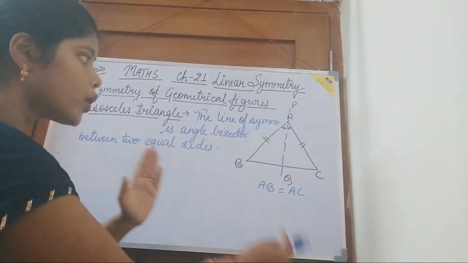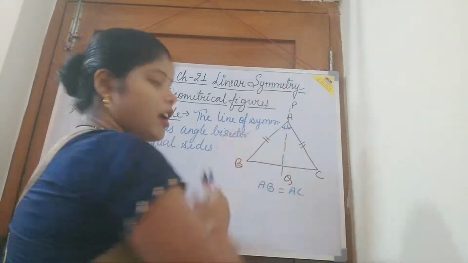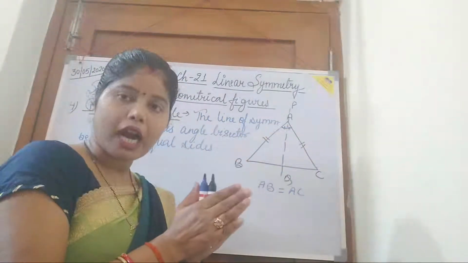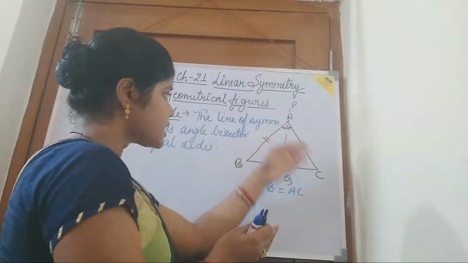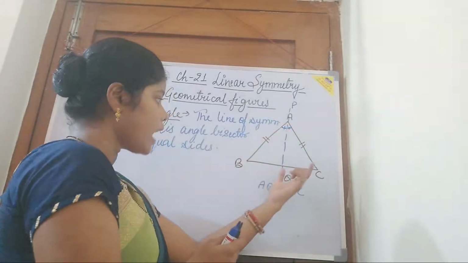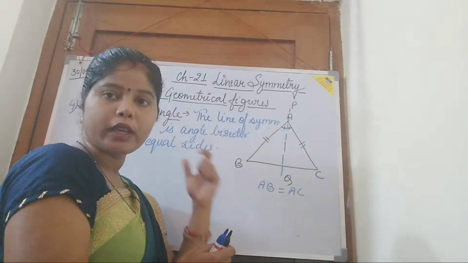When we fold this AC along AB, we get these two parts equal. It means AC is going to overlap with AB and QC is going to overlap with QB.